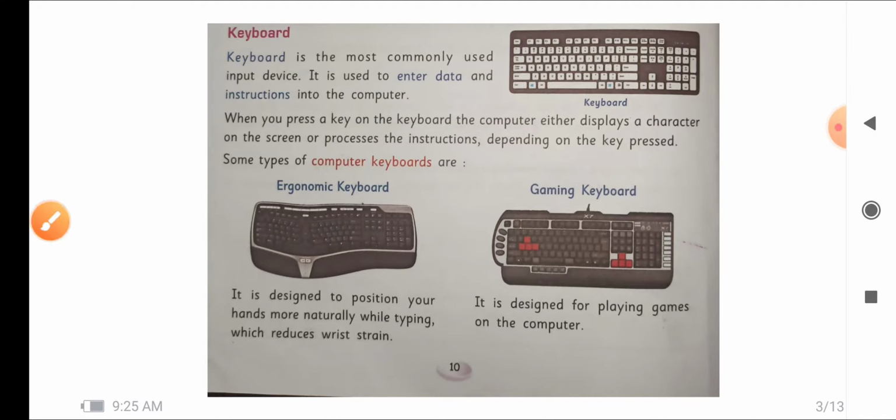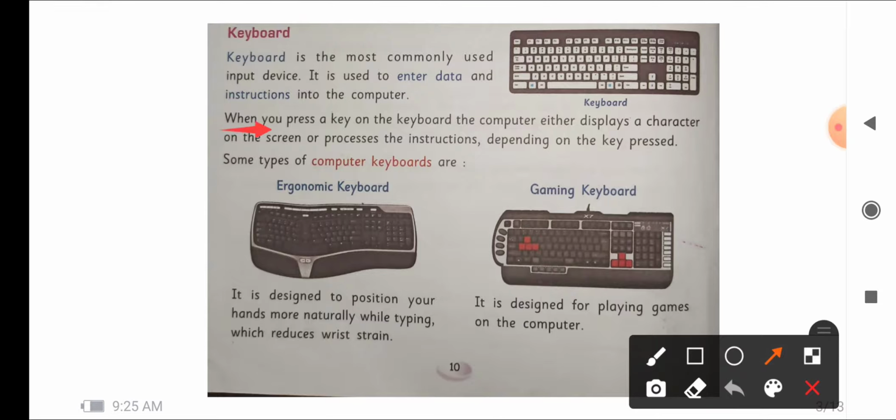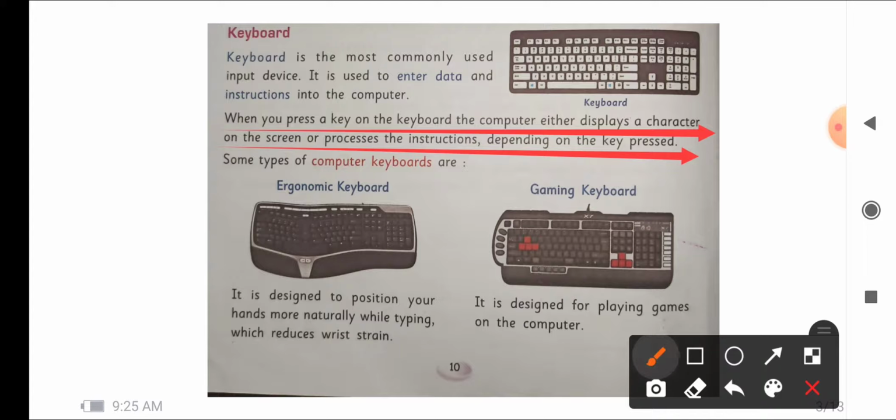When you press a key on the keyboard, the computer either displays a character on the screen or processes the instructions depending on the key pressed. So what happens when you press any key on the keyboard? If you press 1, then on your monitor screen you will see 1.